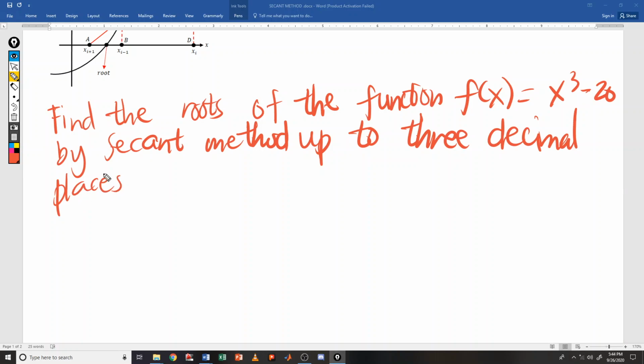We have to use initial approximations x0 equal to 3 and x1 equal to 5.